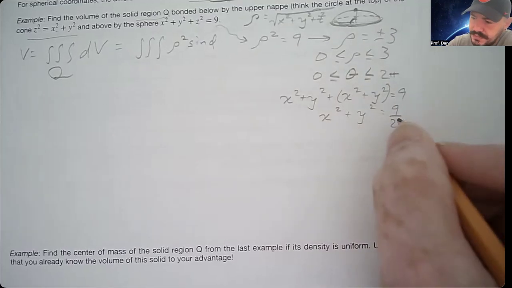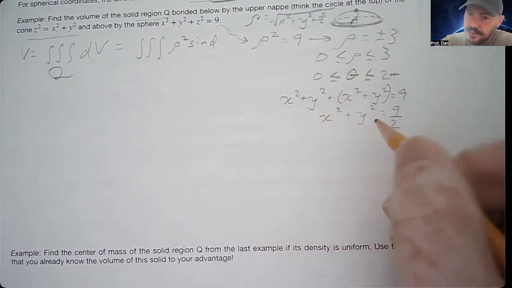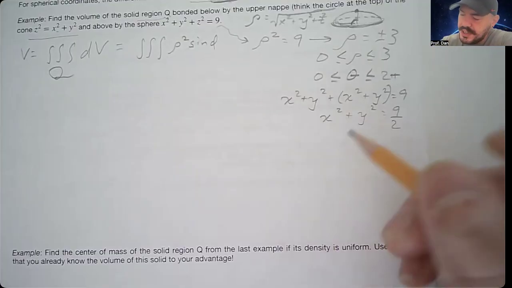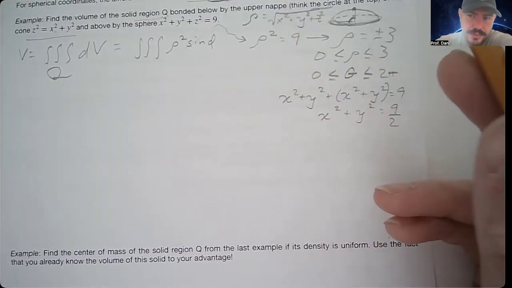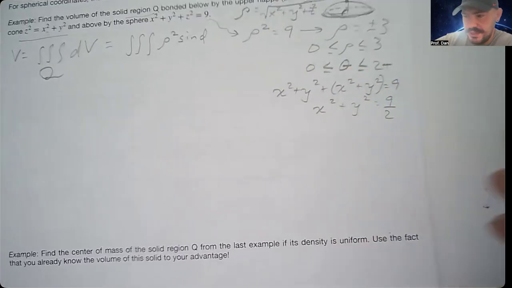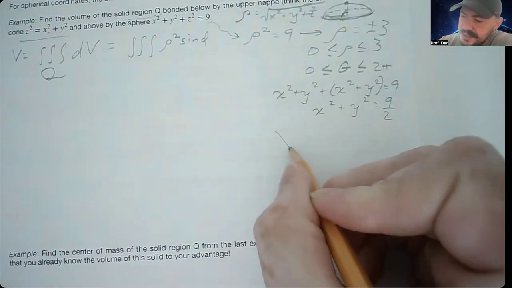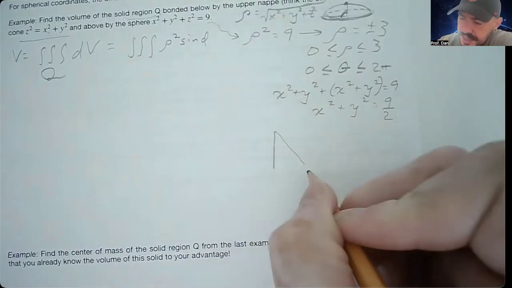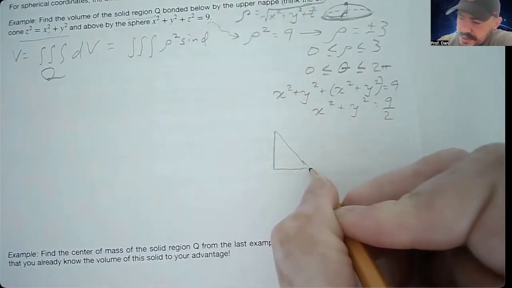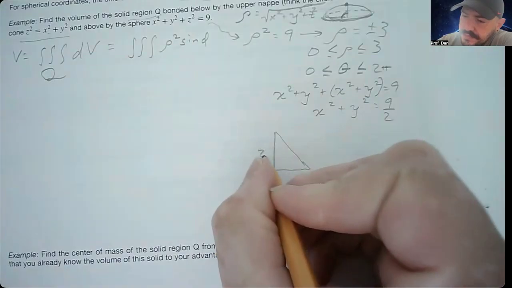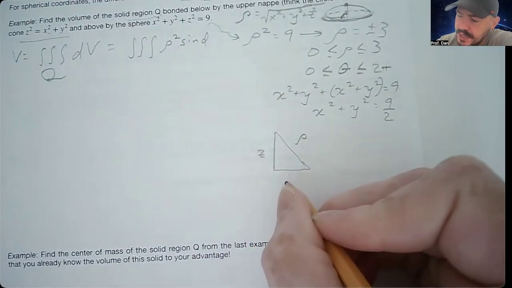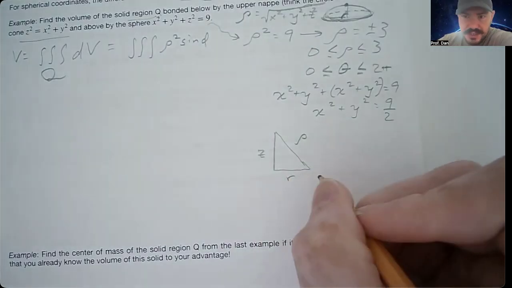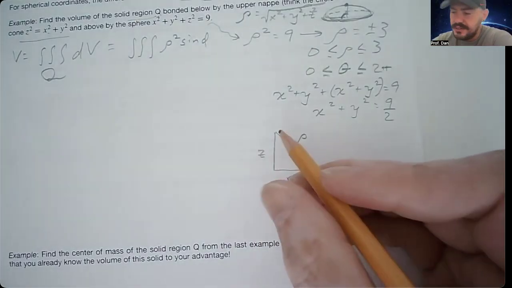Now, if you remember from spherical coordinates, there kind of was a relationship between the rho that we use for spherical and the r that we used in polar and cylindrical. Remember, it made this kind of right triangle where you have your z coordinate, you have the length rho, and you have the radius in the xy plane r.